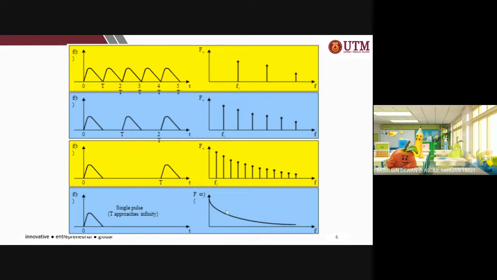It will look like this, so you can see the trend. The more you increase the period, the closer the spectral lines will be, until at some point when it approaches infinity, the corresponding frequency domain spectral lines will look like a continuous curve.